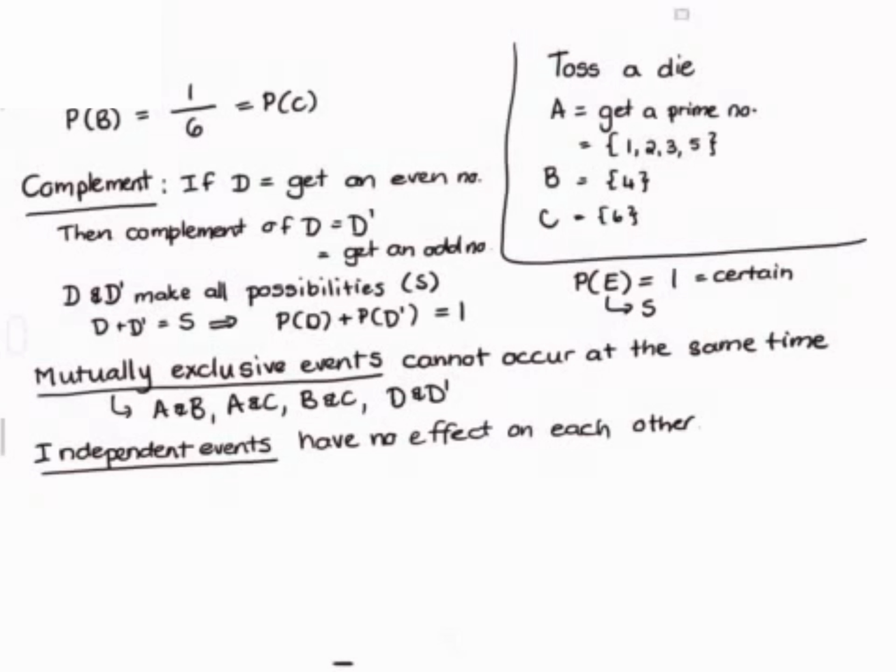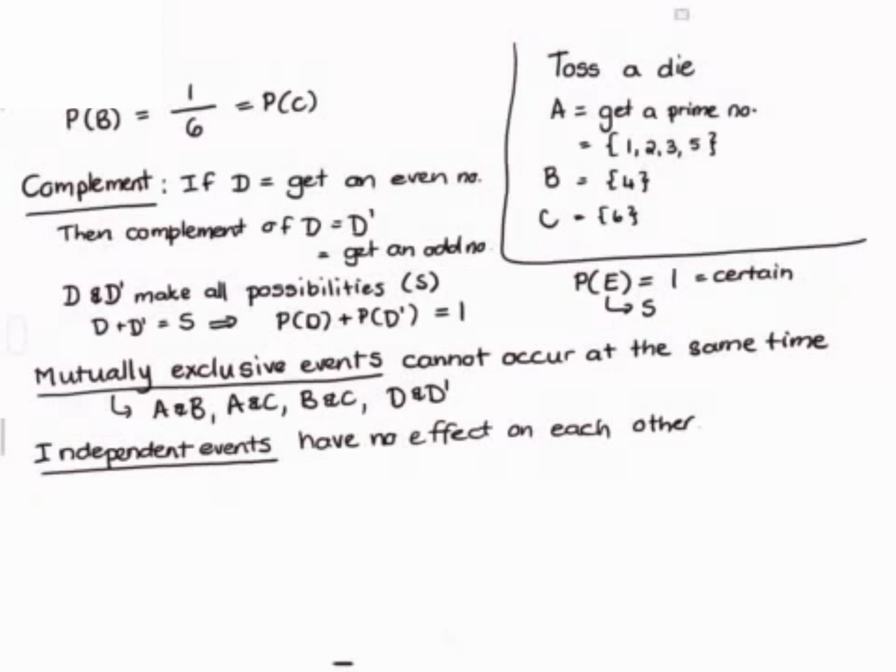Independent events, I mean, if I do one experiment and thereafter I do another experiment, the second one, its outcome should not depend on what happened with the first one.